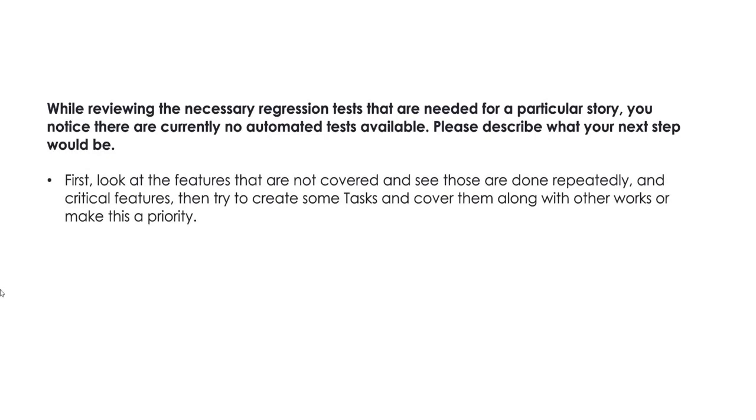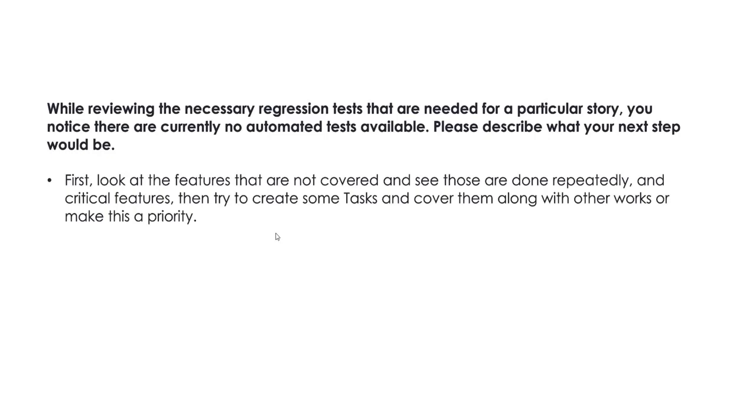First, look at the features that are not covered and see if those are done repeatedly. And if it is a critical issue or critical feature, then try to create some tasks and cover them along with the other work, or make this a priority, because coverage is important.